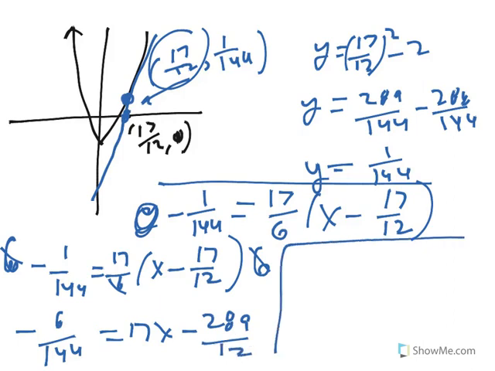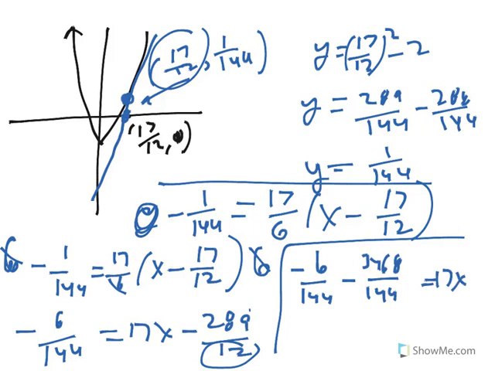Add the 289 over 12 to both sides. I'm going to get a common denominator of 144. So that 289 gets pretty big now. It's 3468. Minus 6 gives 3462 over 144 equals 17x.